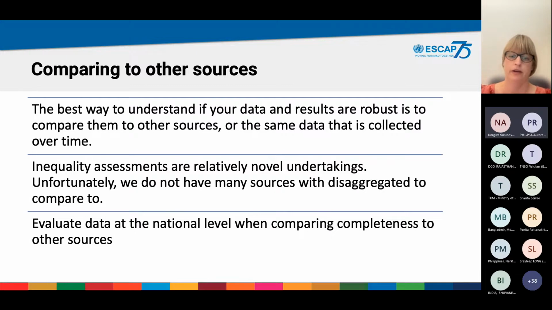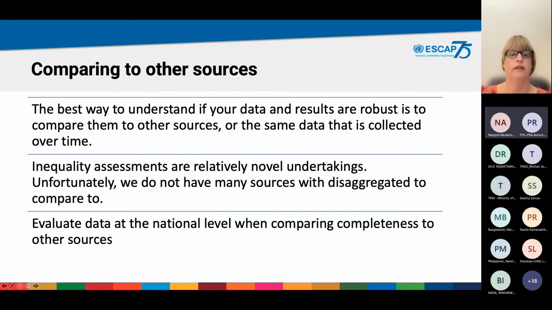Unfortunately, inequality assessments are relatively novel undertakings, and there's often not a lot of disaggregated data or other sources to compare to, especially when you're looking at death registration completeness. At least for births, perhaps you have the MICS every 5-7 years, or the DHS, that might disaggregate for some populations, but your data is sparser for deaths.